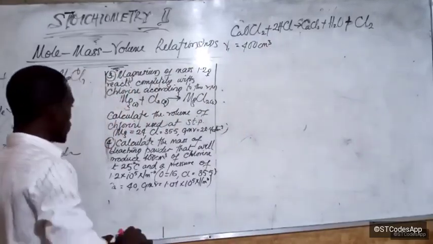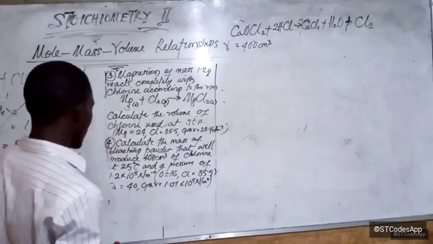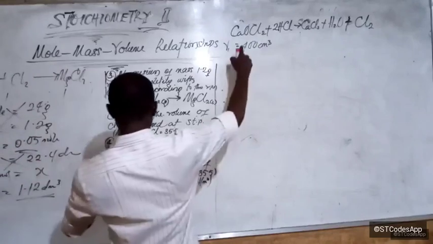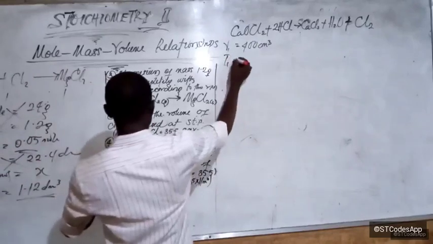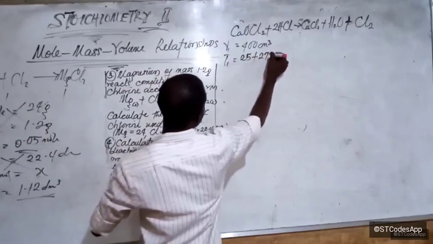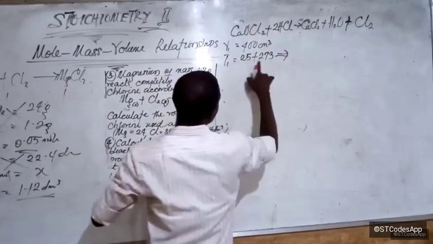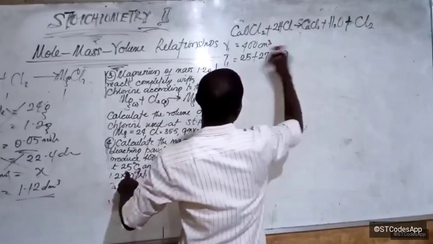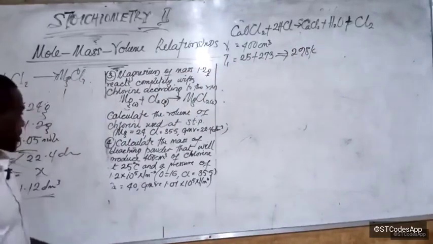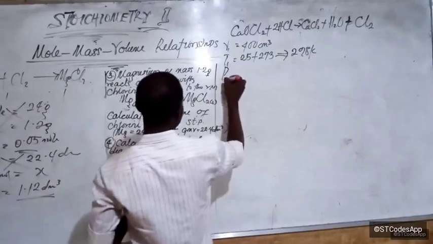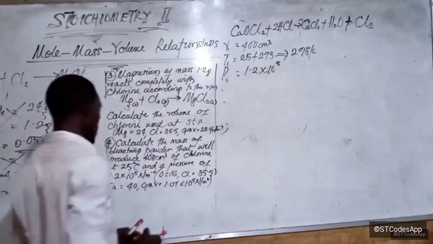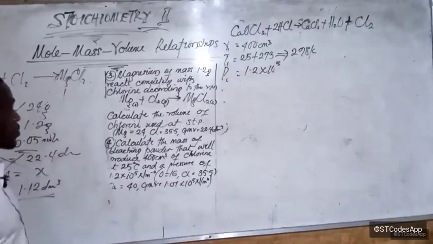So T1 is equal to 25, which we convert to Kelvin scale, so that is 25 plus 273, giving 298 Kelvin. And the pressure, P1 equals 1.2 by 10 to the 5th Newton per meter squared.